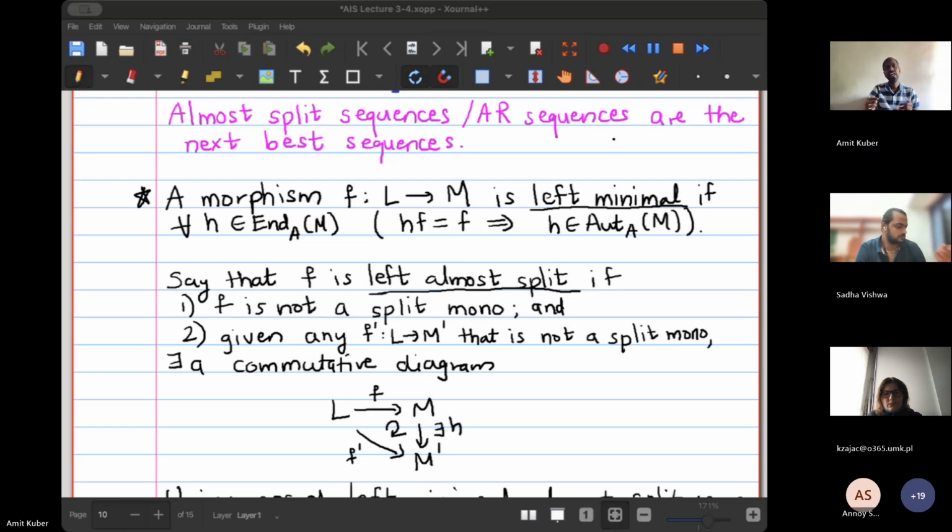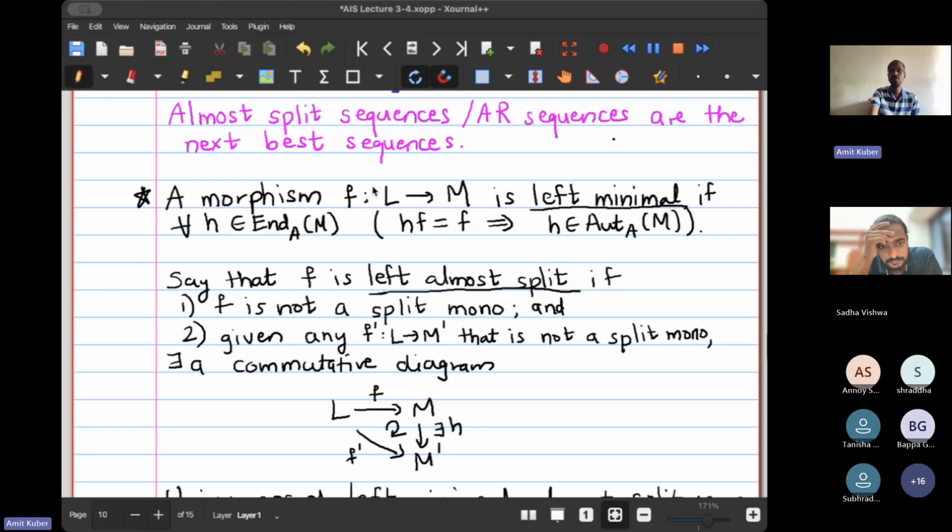However, if I'm given some L and I ask, does there exist a unique left almost split morphism? The answer is no, not in general. For that, you have to pair it up with something else, and that property is left minimality.